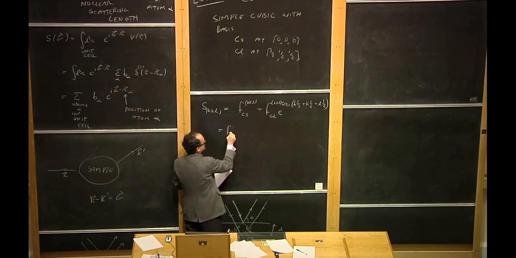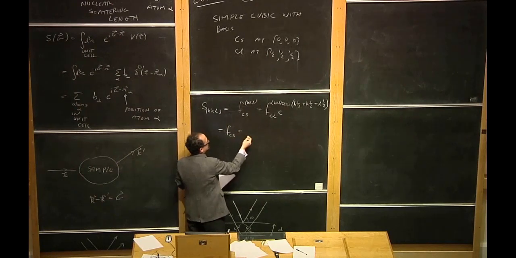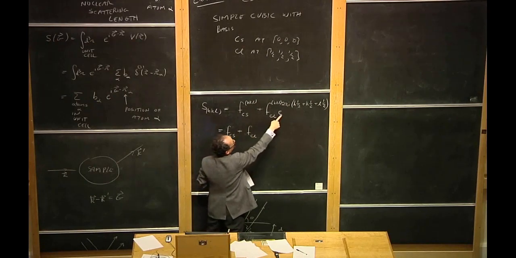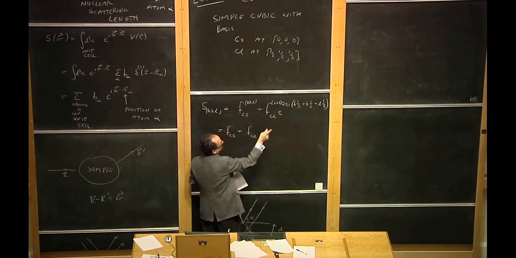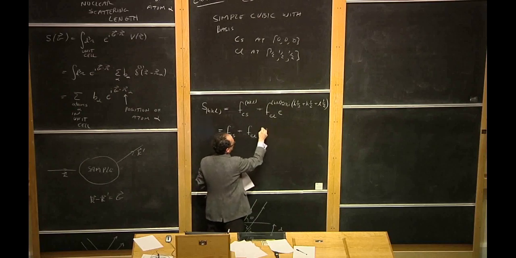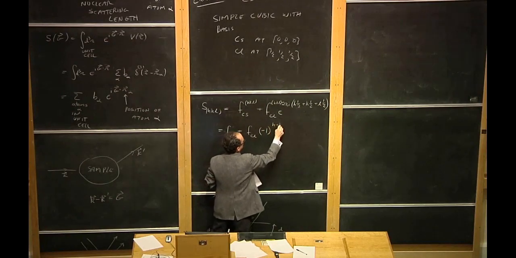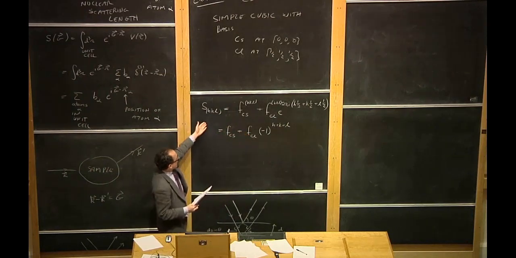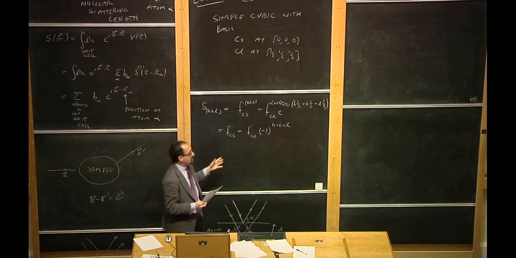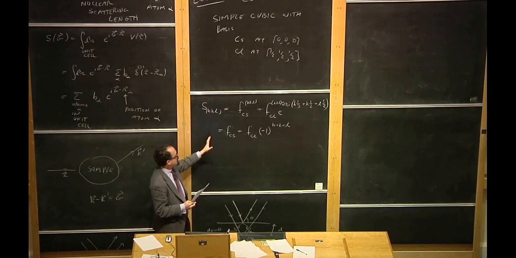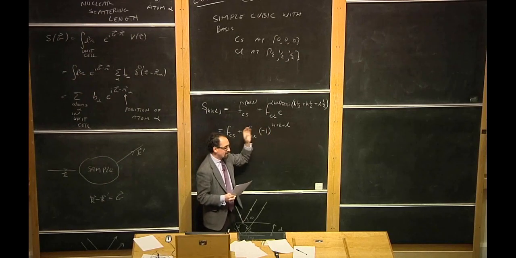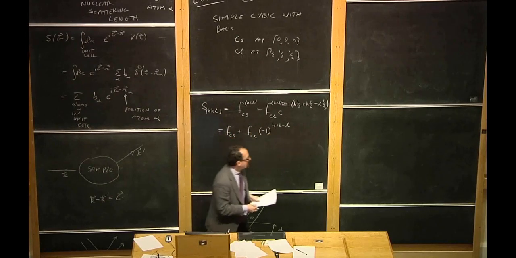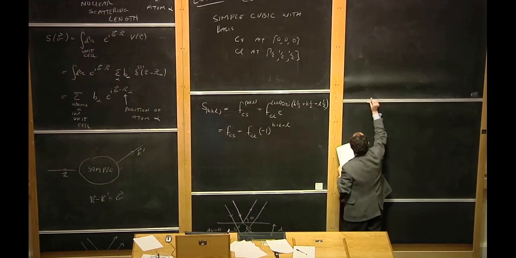So we can rewrite that as f cesium, and here I'm going to drop the dependence on hkl for convenience, plus f chlorine, and this factor of e to the 2 pi i, h times 1/2 plus k times 1/2 plus l times 1/2 is actually minus 1 to the h plus k plus l. Good? So this is the structure factor, and when you square it, it will give you the amplitude of scattering with k minus k prime given by Miller indices h, k, and l. Okay? All right, let's do another example.